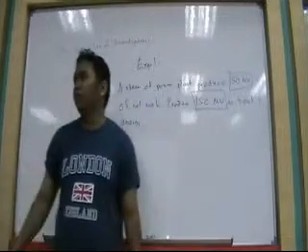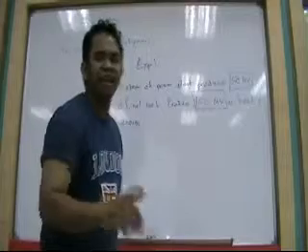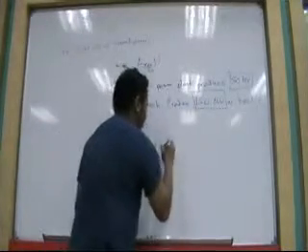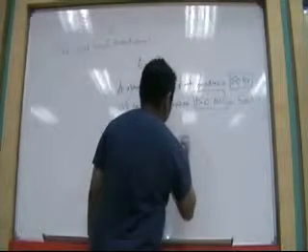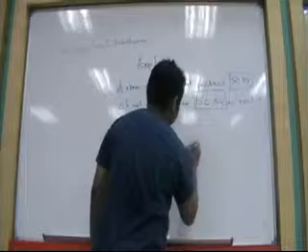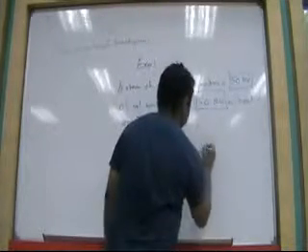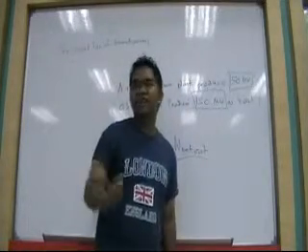The formula that we need to use is the formula that I stated in the first stage. Eta is equal to the net work done out over the total heat that comes in.